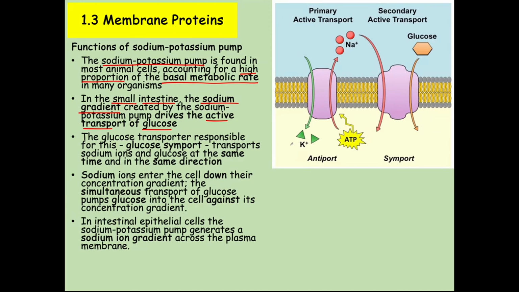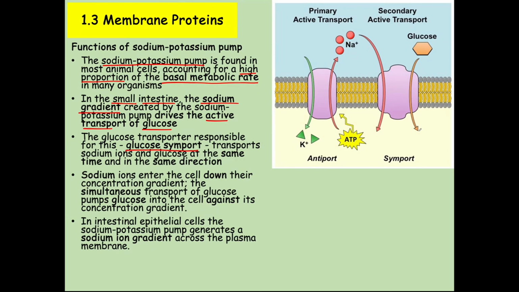So what we do is we use a protein called glucose symport, okay? So the glucose transporter that's responsible for this is called glucose symport. Now that transports the sodium ions and the glucose at the same time. And we can see it in this diagram here, okay? Sodium has been transported through this protein at the same time as glucose is. Now, the difference is glucose is going from a low to a high concentration.